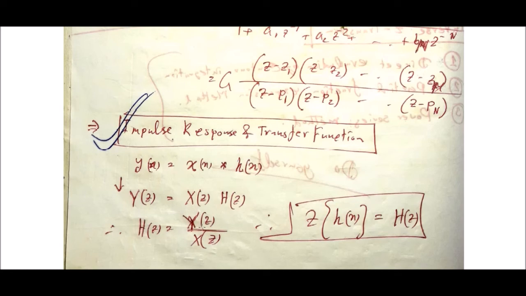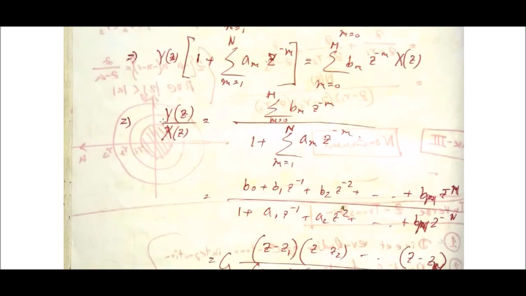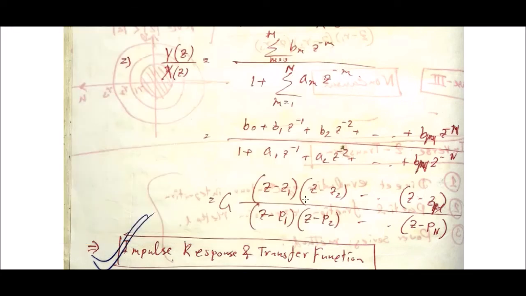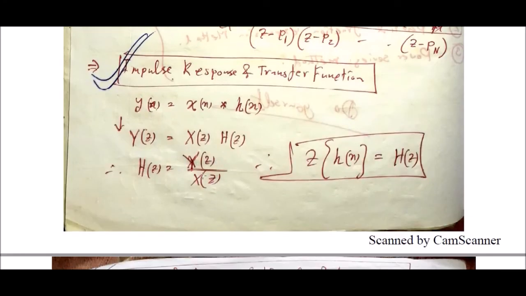It is nothing but Y(z) by X(z), which can be represented by this pole-zero form. It is the ratio of the Z transformation of the output and the Z transformation of the input signals. It is the pole-zero representation of it. This is called the transfer function.